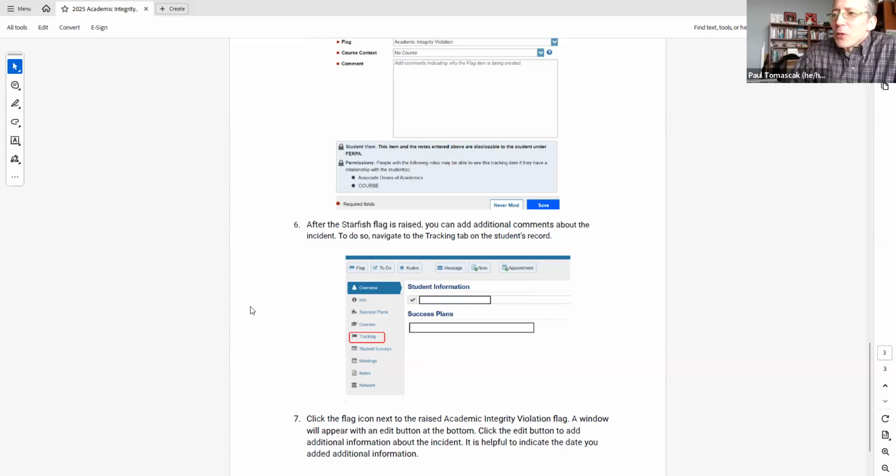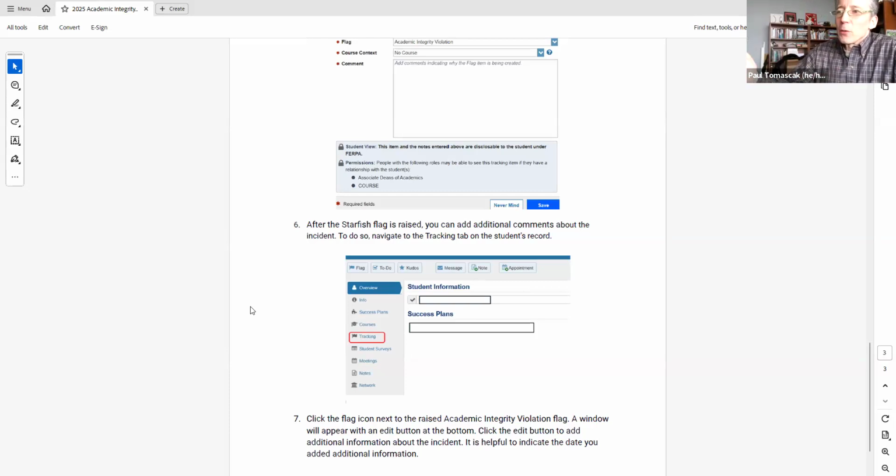Yeah, adding material is something that if it pertains to the original incident, the cheating or the plagiarism or whatever, then it's appropriate to include that in there. If it doesn't directly relate to it or maybe only tangentially relates to it, then I would think that other flags might be more useful.